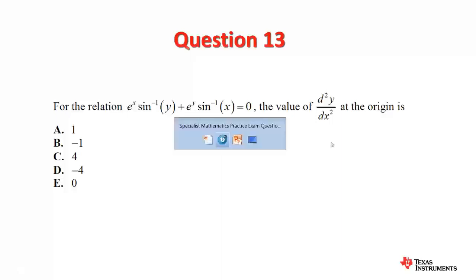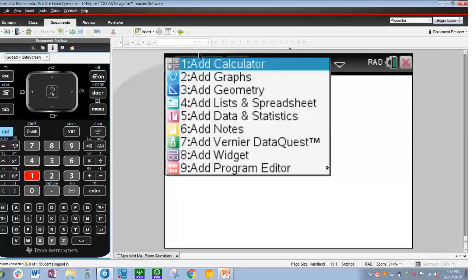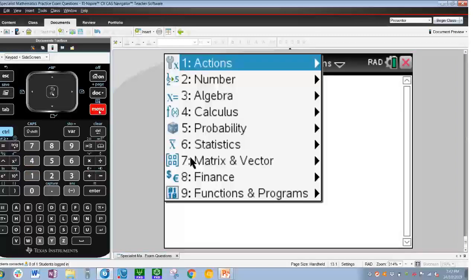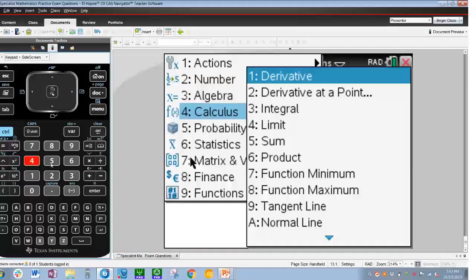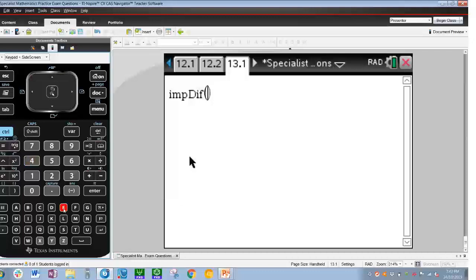Okay, so to get this question done, I'm going to again create a new problem, and let's add a calculator menu. So to get implicit differentiation, we're going to press menu, and for implicit differentiation, it's E. So menu, E for implicit differentiation. I'm now going to type in the equation as I see it.